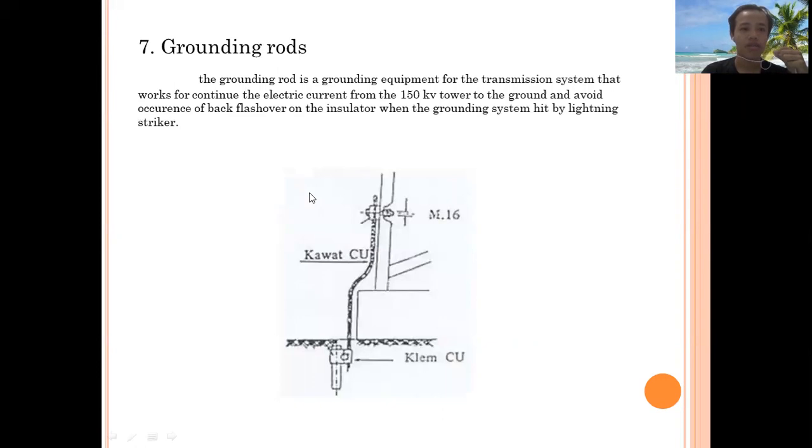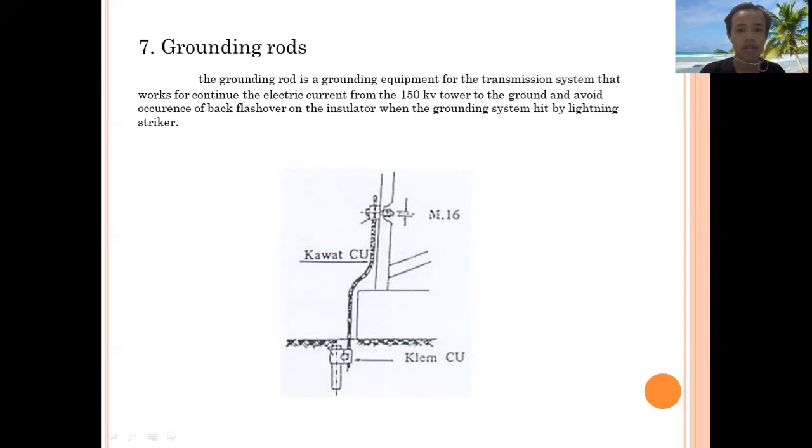And then grounding rod. The grounding rod is grounding equipment of the transmission system that works to continue the electrical current from the 150 kV tower to the ground and avoid back flashover current on the insulator when the grounding system is hit by lightning strike.